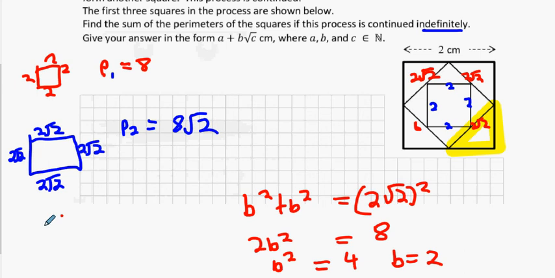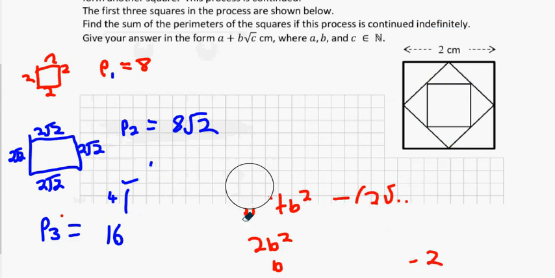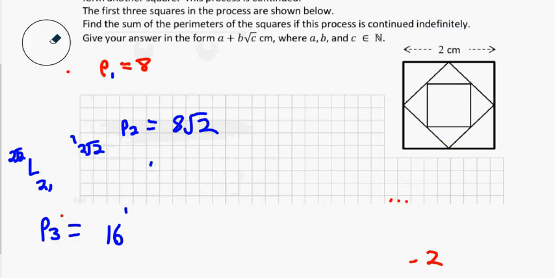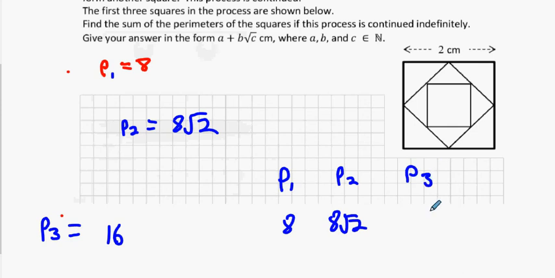And then P3 is just simply 2, so it's 4 by 4, which is 16. Okay, so P1 is 8, P2 is 8 root 2, P3 is 16.